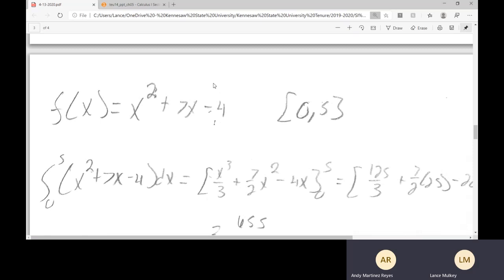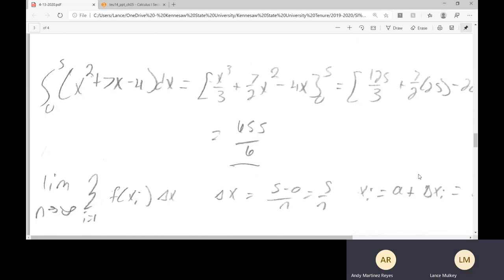Okay. Sigma notation. Let's see if you can do it now. Limit of n to infinity of the sum from i equals 1 of x squared plus 7x minus 4, times the change of x.